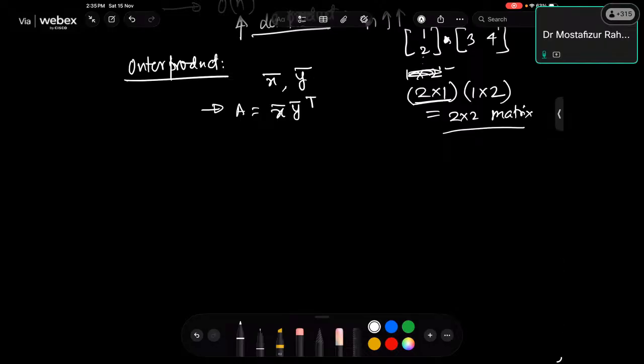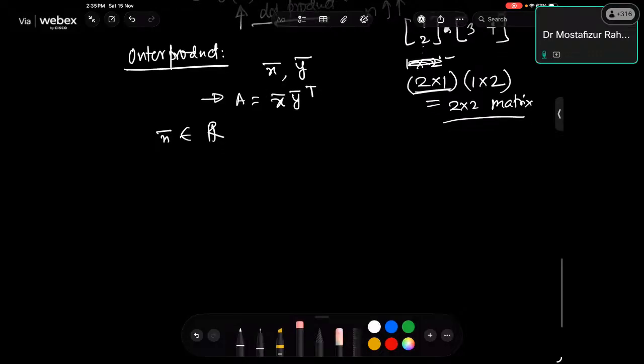Similarly, suppose these two vectors have dimensionality m and n. I'm taking only real numbers, for example, removing the complex part, to keep it generic. So let's take x with m elements, a vector of m dimension, and y with n elements.